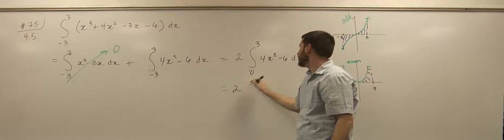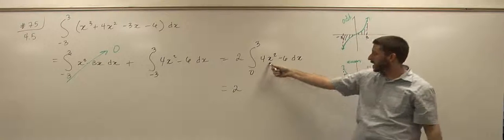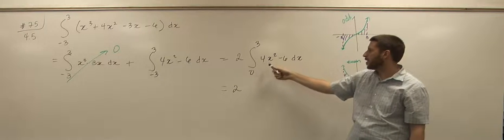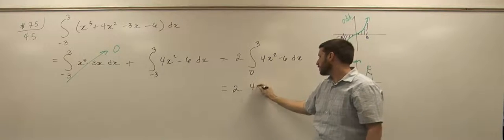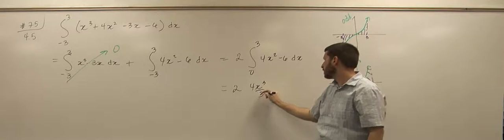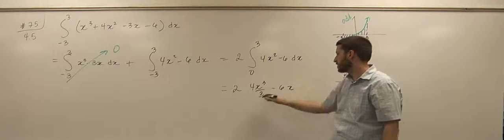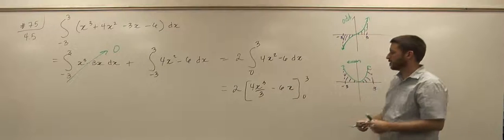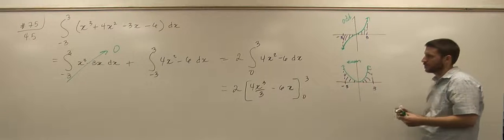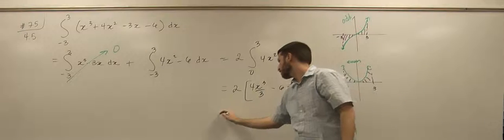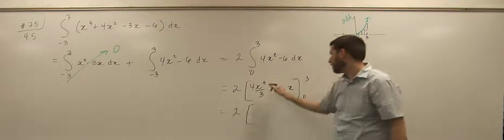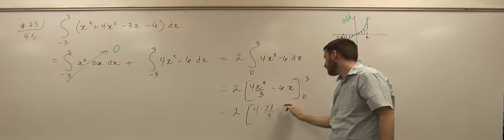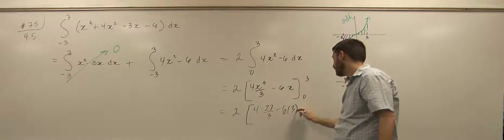So I keep this 2 on the outside, I do my indefinite integral, I find my antiderivative. This will become 4x cubed over 3 minus 6x, evaluated from 0 to 3. When I plug 3 in, I'll get 4 times 27 over 3 minus 6 times 3.